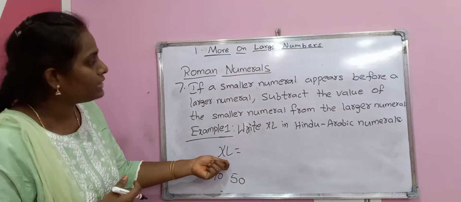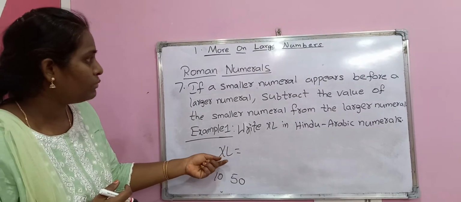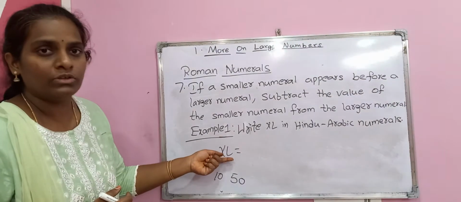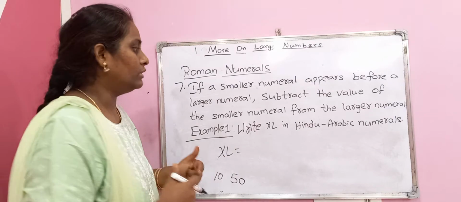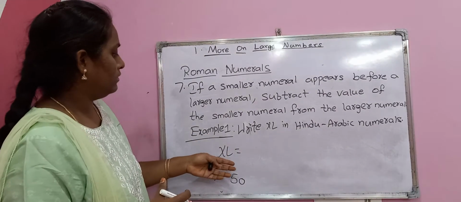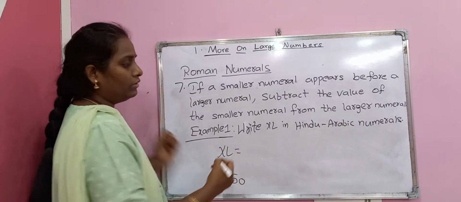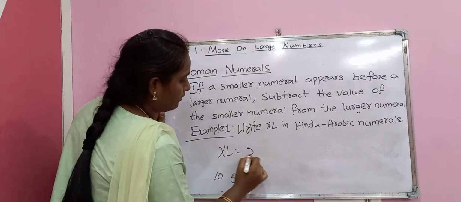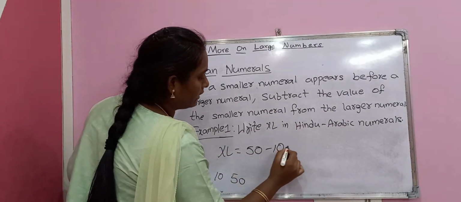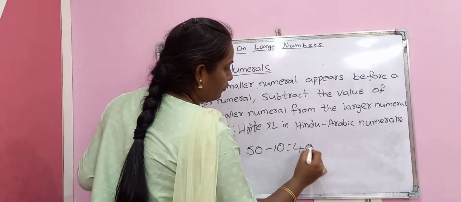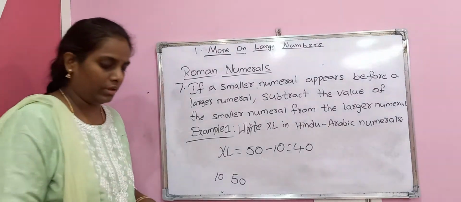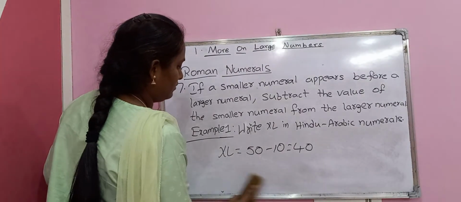So the smaller numeral is before the larger numeral. So what do we have to do? We should subtract the smaller numeral from the larger numeral. Now write 50 minus 10. What is the value? 40. Okay, copy this one.